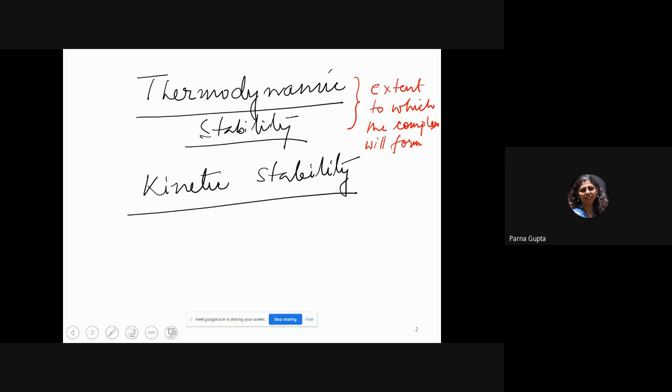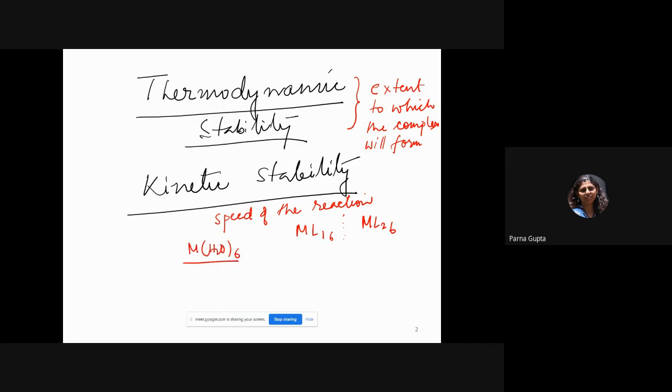Now, what does kinetic stability say? Kinetic stability says what the speed is. Let's say you have formation of ML and ML2, starting from M(H2O)6.